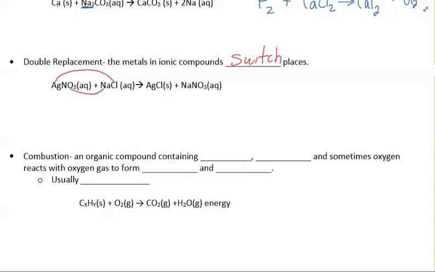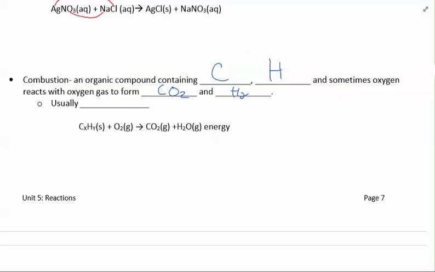The last type of reaction that we're going to take a look at today is a combustion reaction, and this is when we have an organic compound containing carbon, hydrogen, and sometimes oxygen, reacting with oxygen gas to form carbon dioxide and water. It's usually exothermic.